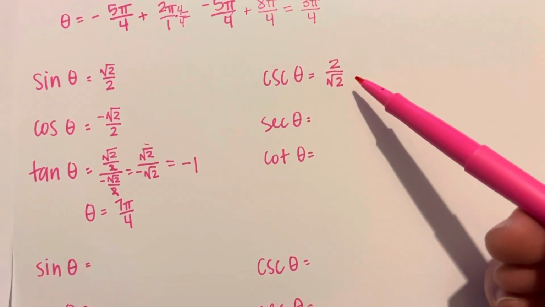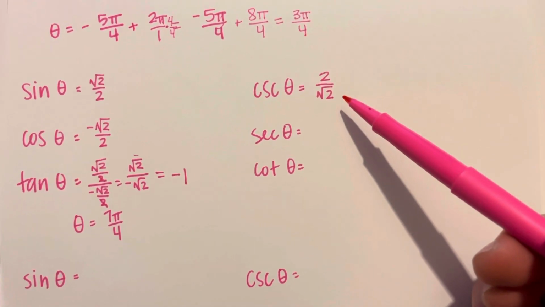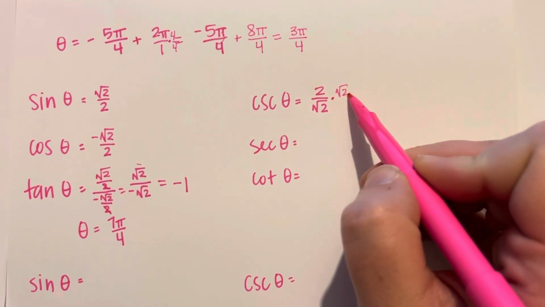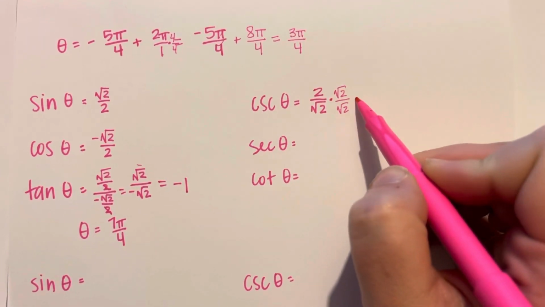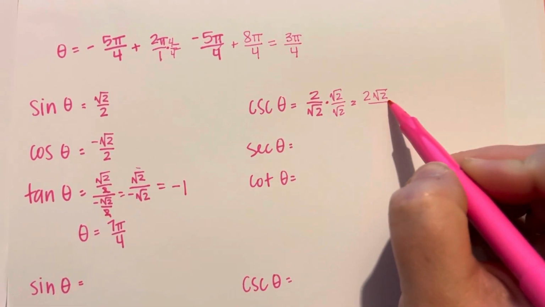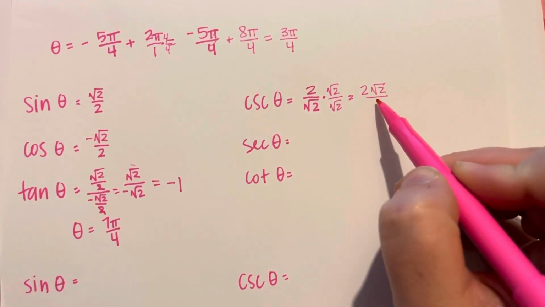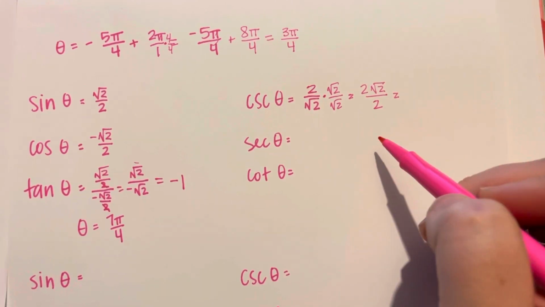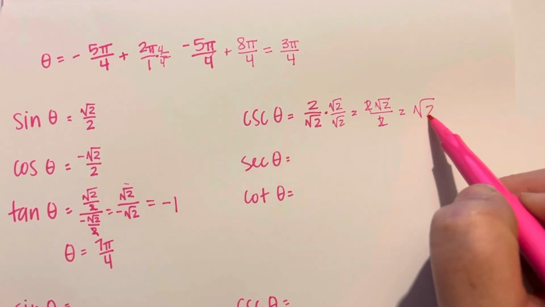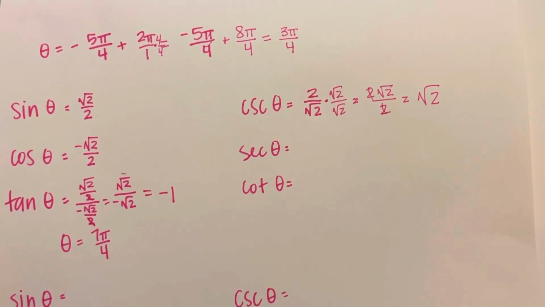You cannot leave this radical in the denominator, so you do need to rationalize that by multiplying by that radical on the top and the bottom. 2 square root of 2 is on top. Square root of 2 times the square root of 2 is 2. And then if you can reduce, go ahead and do that. These 2's reduce, and I'm left with just the square root of 2.